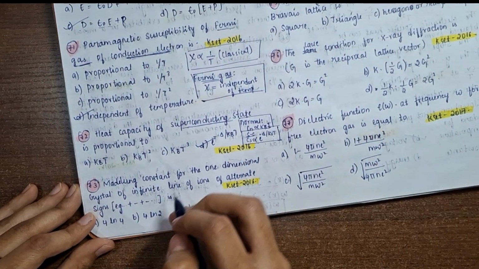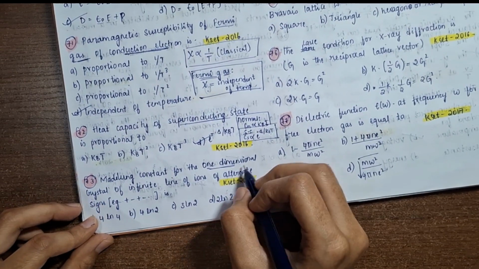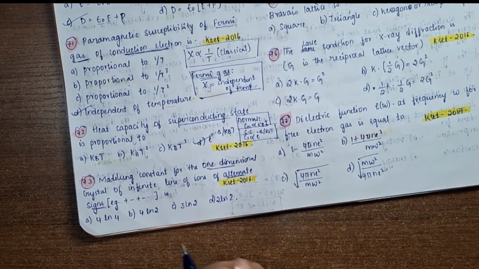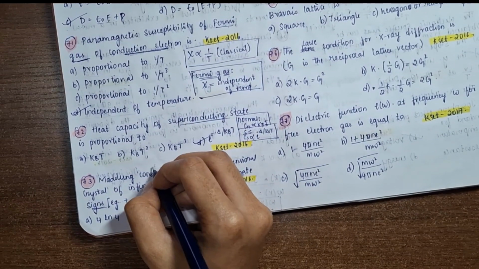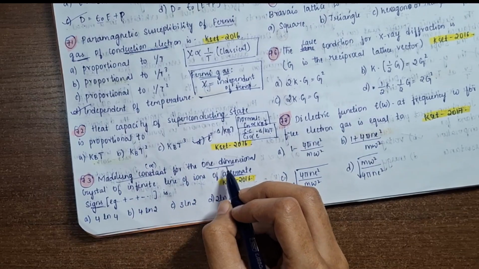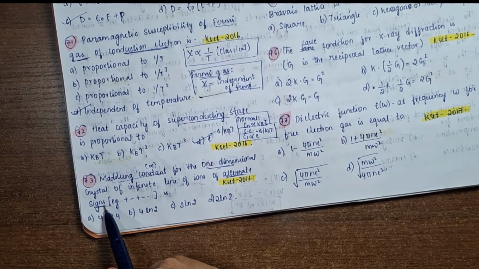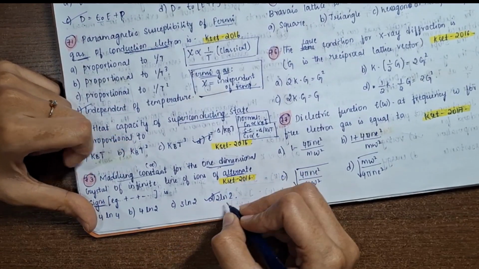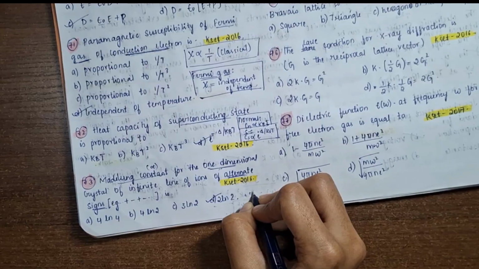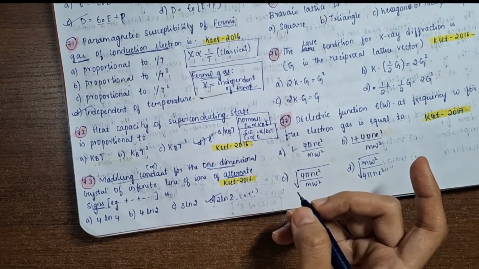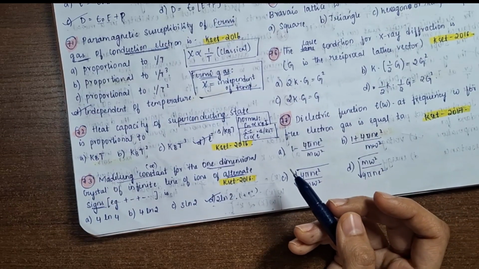Madelung constant for a one dimensional crystal of an infinite line of ions of alternate signs. In one dimension, for alternating signs, the Madelung constant alpha is always 2 ln 2, while for the same signs like plus, plus, plus, it is infinite.